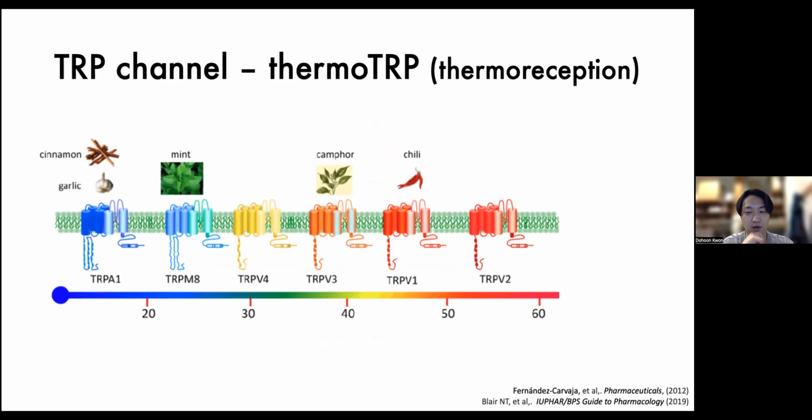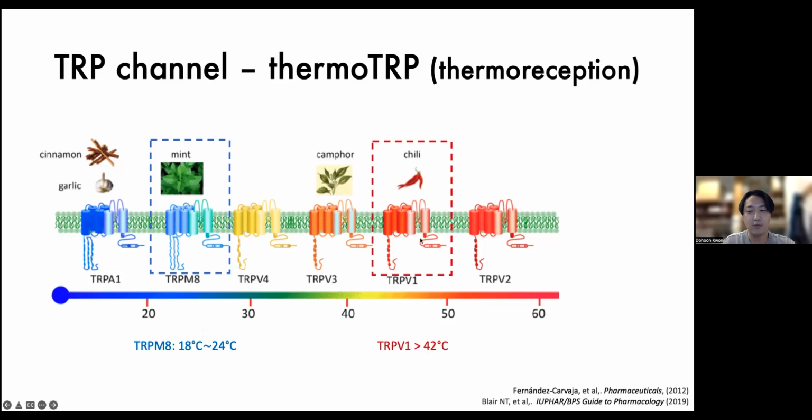Each thermoTRP channel covers a different temperature range. For example, TRPM8 is activated by 18 to 24 degrees Celsius, acting as the cold sensor, and TRPV1 is activated by over 42 degrees Celsius, acting as the heat sensor. Today, I will focus on TRPV1 in this presentation.